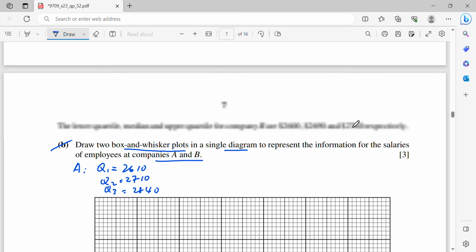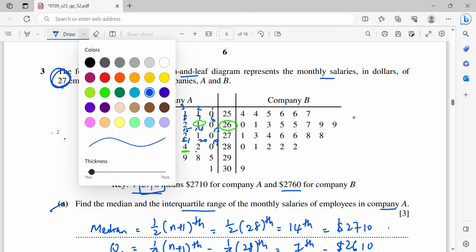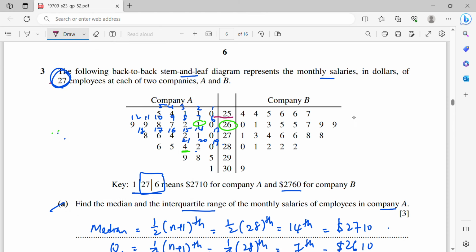Then we need to get the minimum and maximum. For A, the minimum is 2500 and the maximum is 3010.